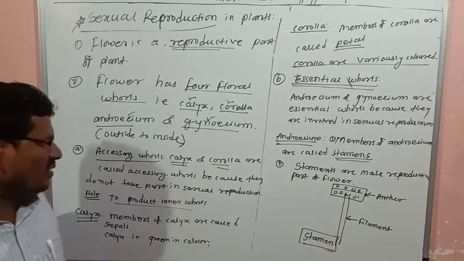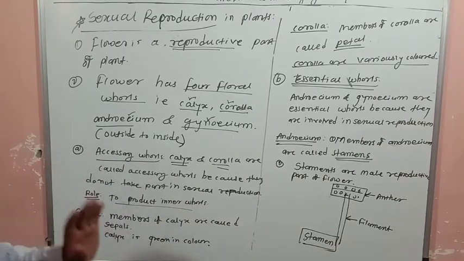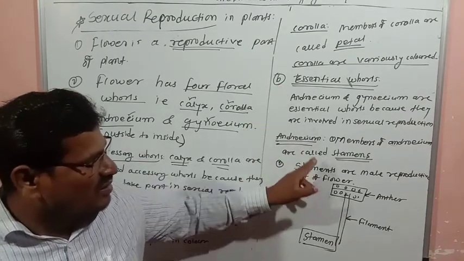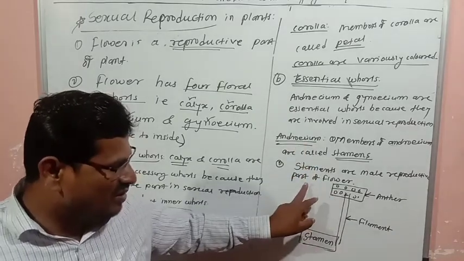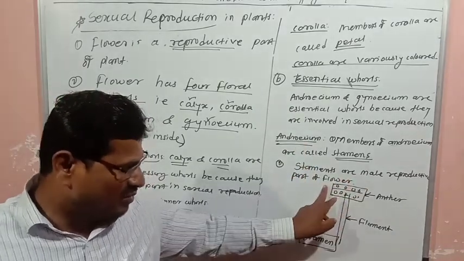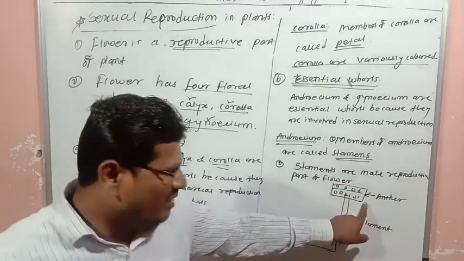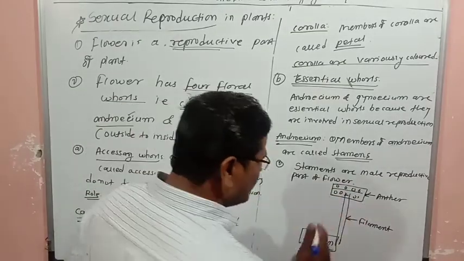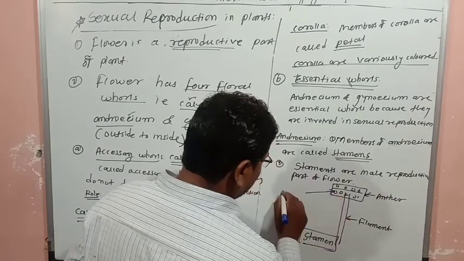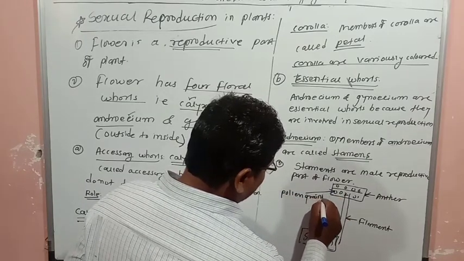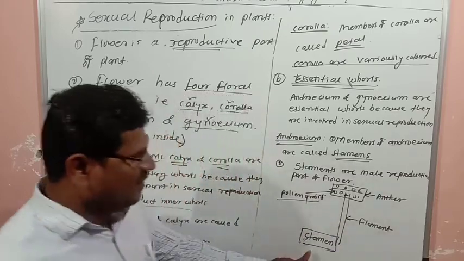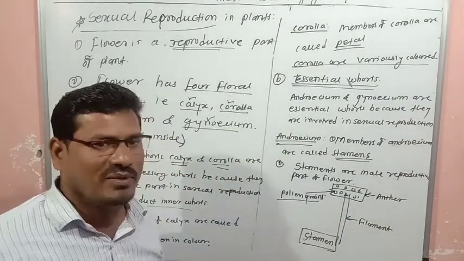These points are important. In the essential whorls, androecium is there, and stamens are the male reproductive part of the flower. Stamen is having an anther, in that anther pollen grains are there, and the filament is there.